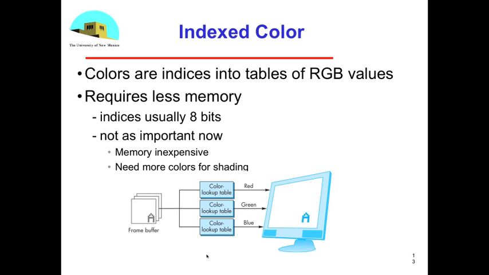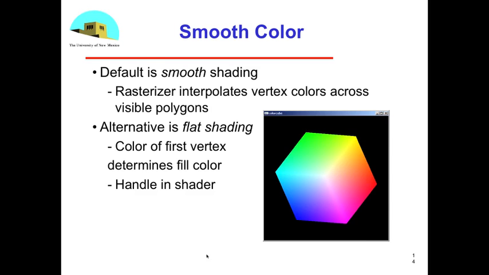But let's return now to RGB color and talk about how the color is applied, because our basic mode is we specify objects by their vertices, we specify attributes on a vertex by vertex basis, and then we send that out to the shaders. And what's going to happen? Well, if we do vertex colors, suppose I send a different color out for each vertex.